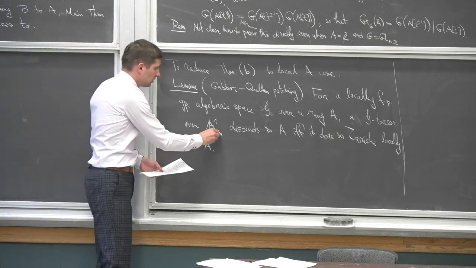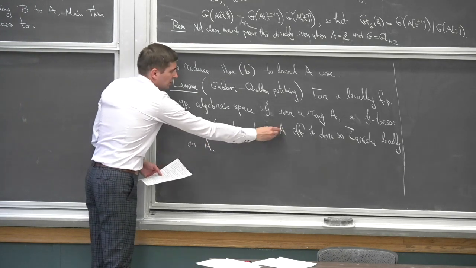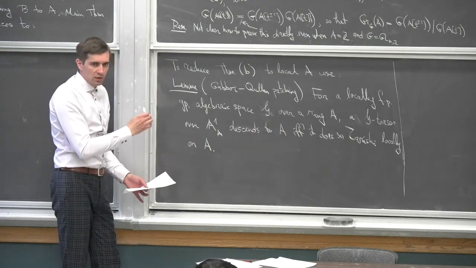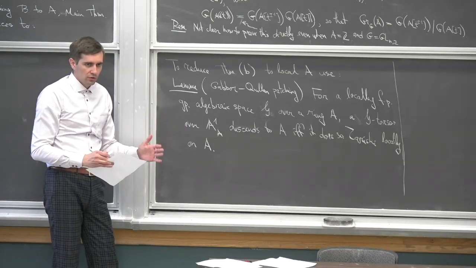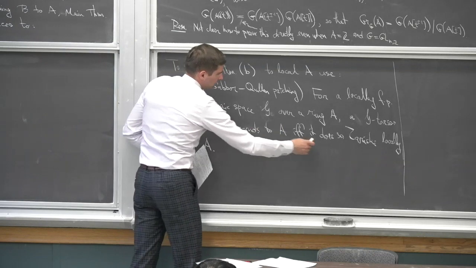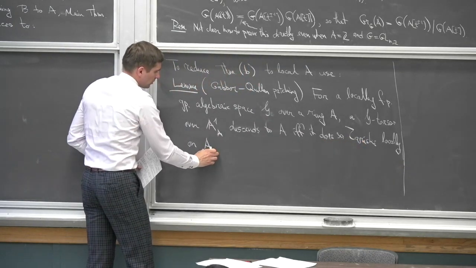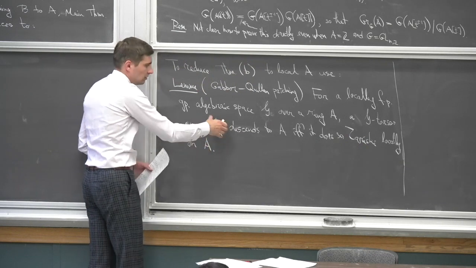And there's a criterion, namely, if you want to know that it descends to the base, it suffices to check after base change to the local rings of A. If the torsor after base change to each localization at a maximal ideal descends to the corresponding local ring, then it does so globally.